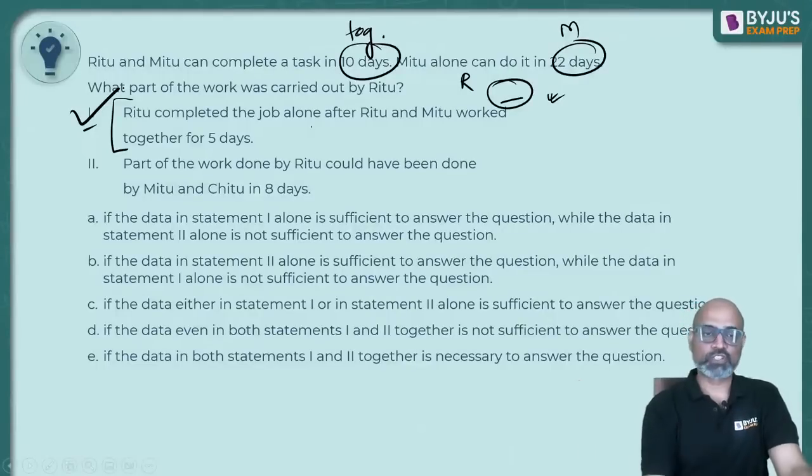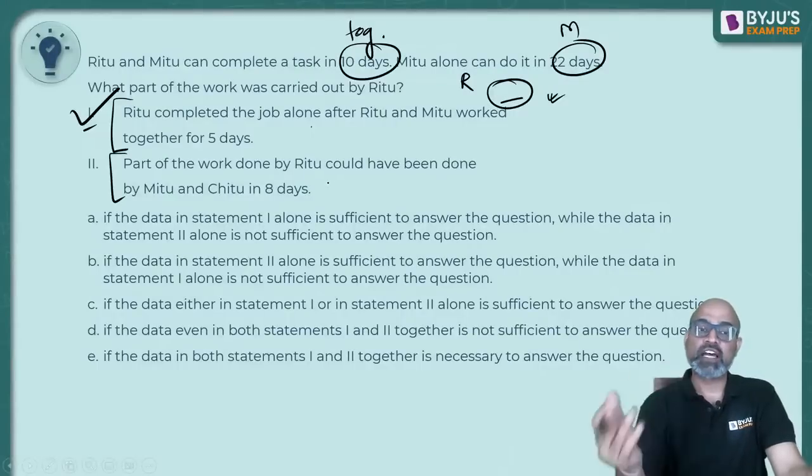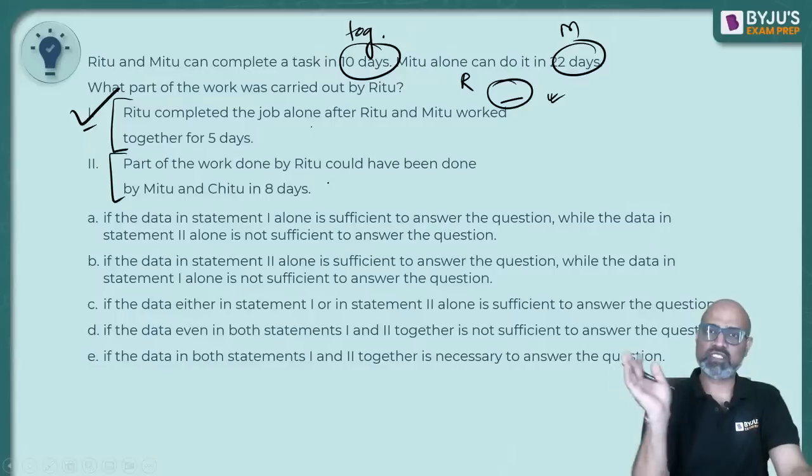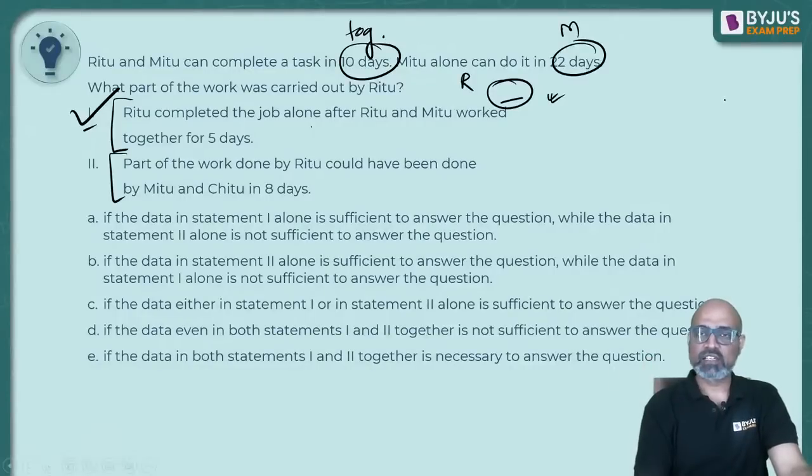Let's forget about the first one. From the second one, part of the work done by Ritu could have been done by Me2 and C2. There is a third guy now in 8 days. The moment third guy comes in, we have no idea about C2 alone will take how many days. Me2 का तो पता है ना?